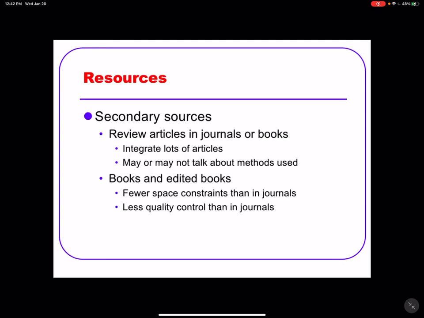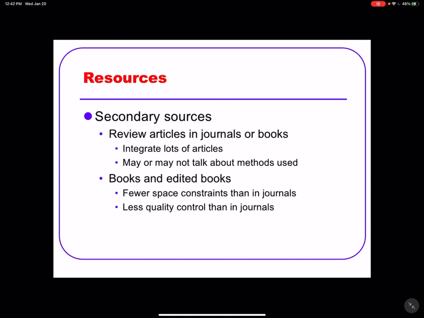Now, secondary sources. Primary sources tell you about the study. Secondary sources can also be scholarly sources, but they're review articles in journals or books. What happens in review articles is an expert in the field finds and reads a bunch of articles on a topic, and they integrate them. Because like I said, one study only tells you about that original research.